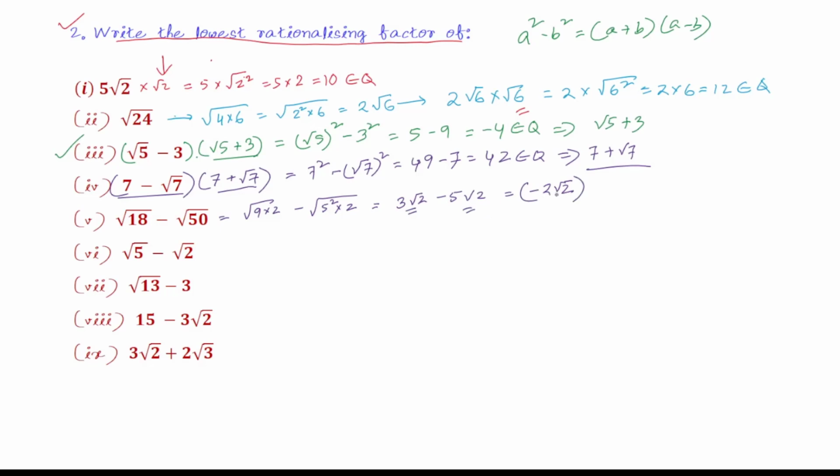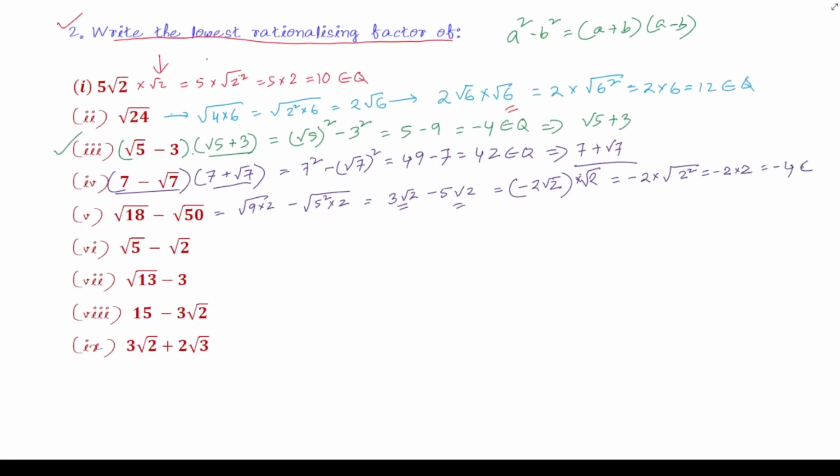Now if we multiply this by root 2, what will we get? Minus 2 into root 2 squared is equal to minus 2 multiplied by 2, which is minus 4. So this is a rational number. So the lowest rationalizing factor for this is root 2.